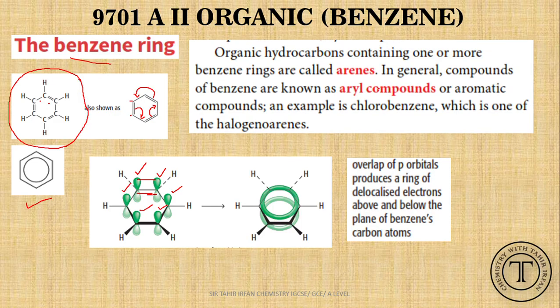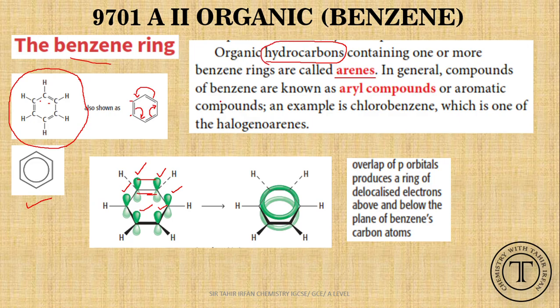Organic hydrocarbons containing one or more benzene rings are called arenes. It is possible there is one benzene ring, or there are 2, 3, 4 benzene rings connected to each other. So those hydrocarbons, if there is no other atom, we call them arenes.